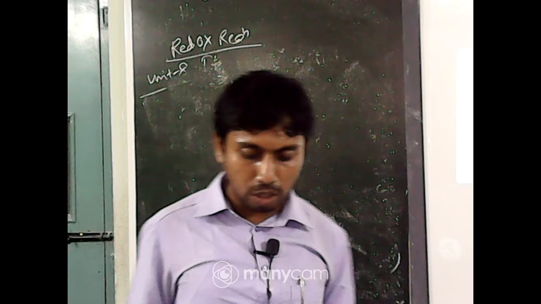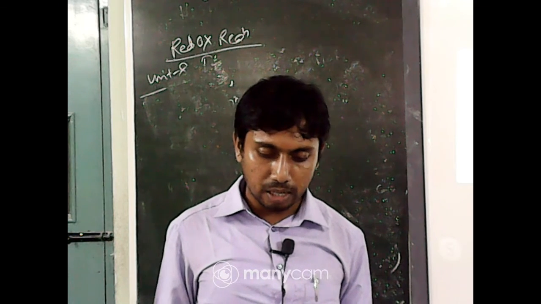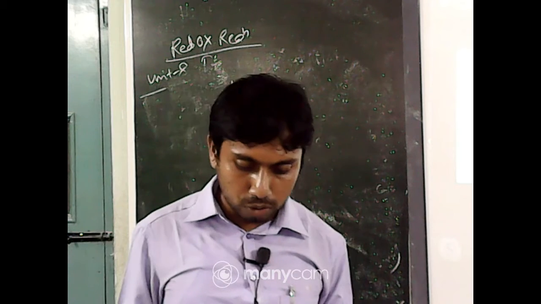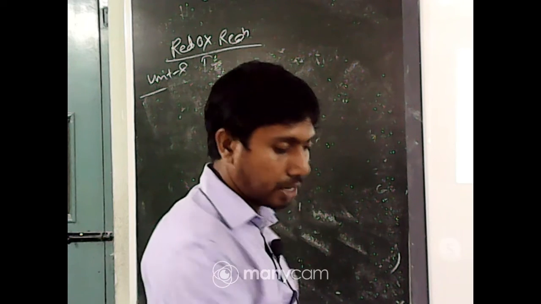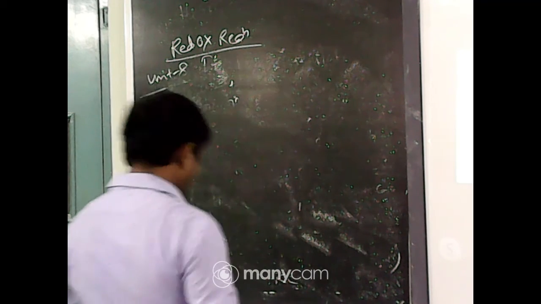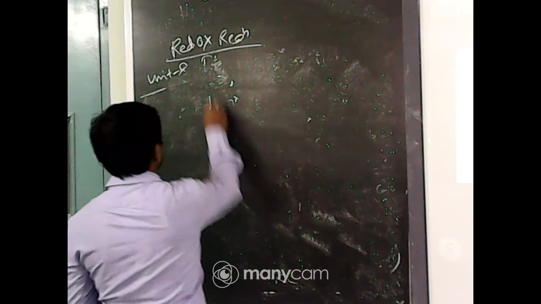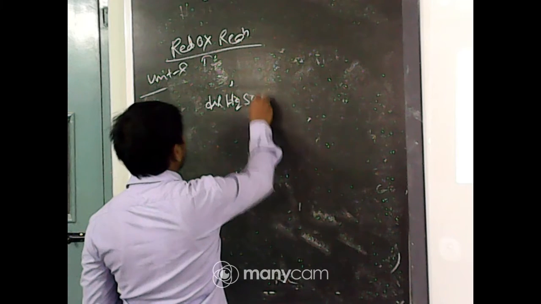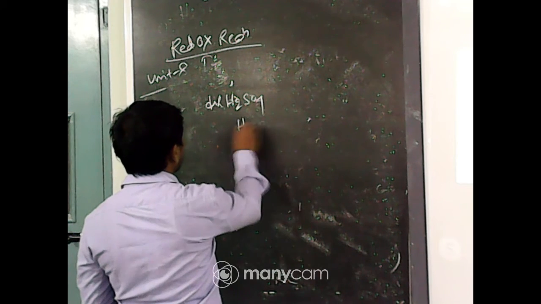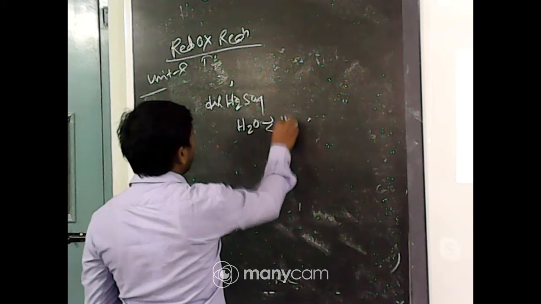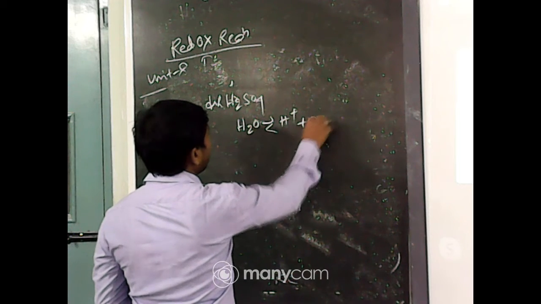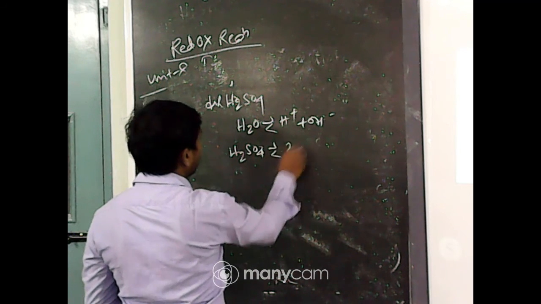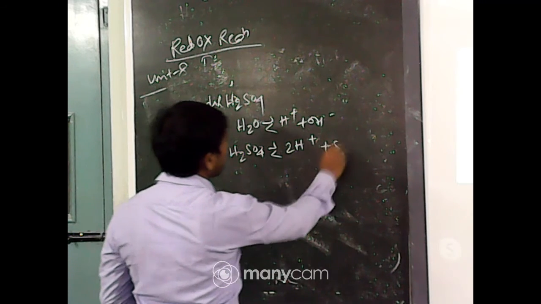Next, electrolysis of a dilute solution of H2SO4 using platinum electrodes. H2O forms H plus and OH minus, and H2SO4 forms 2H plus and SO4 2 minus.